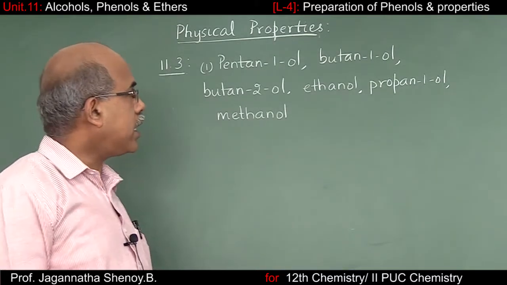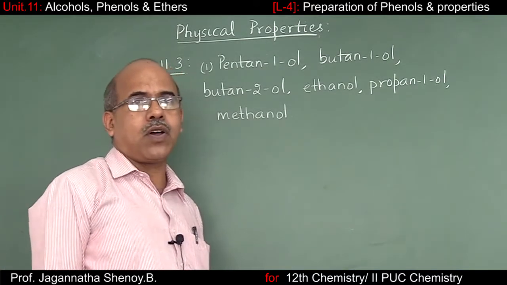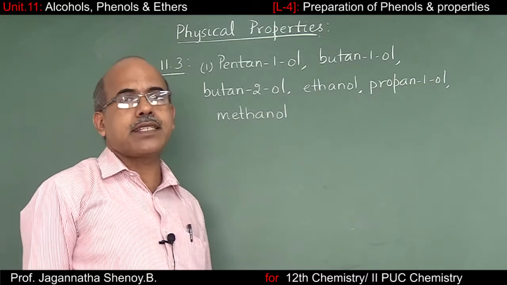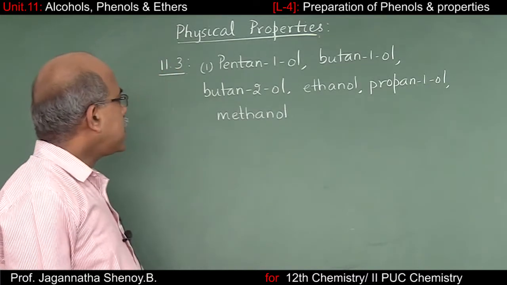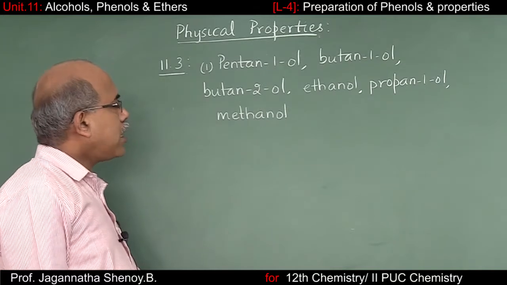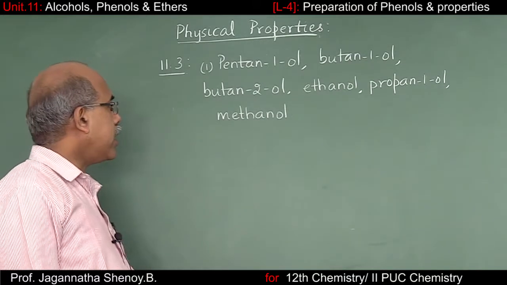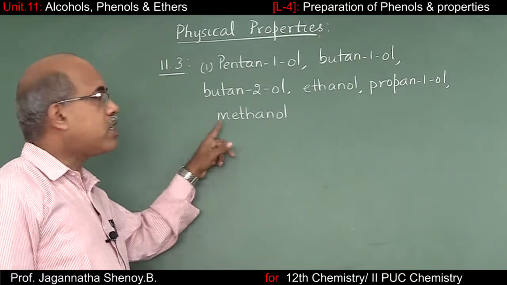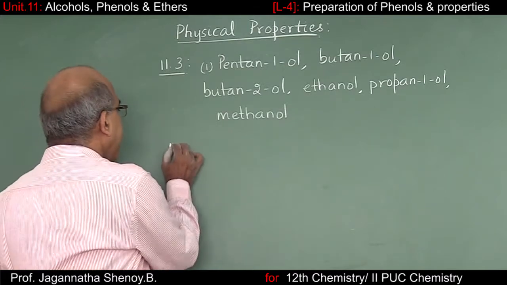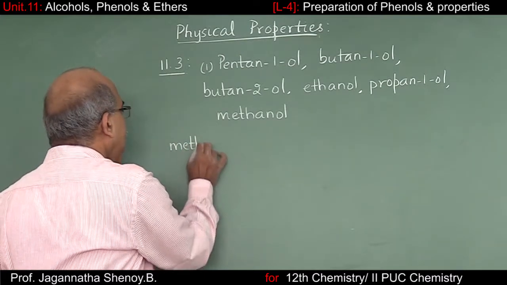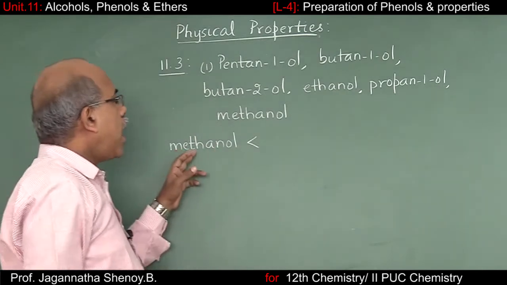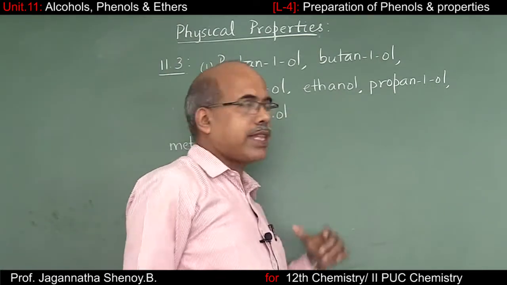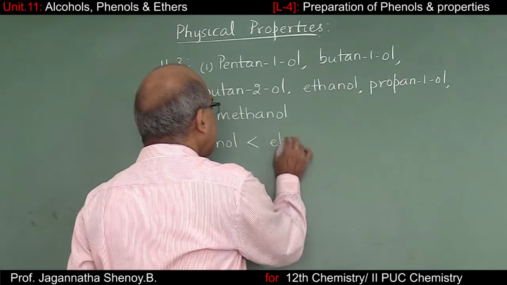And the second point is, if you have isomeric alcohols and branching is there, the boiling point will be less. So we'll start with the alcohol with the lowest boiling point. Obviously, it has to be methanol because there is only one carbon atom. So methanol has the lowest boiling point. Then after that, I will go to ethanol. There are two carbon atoms.